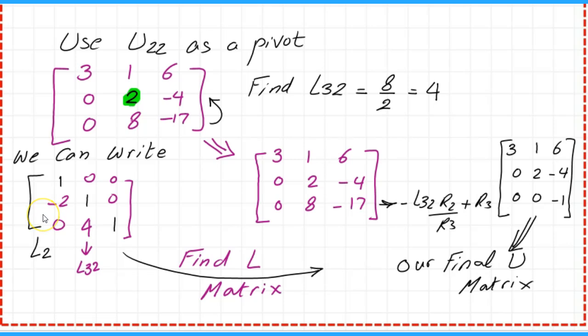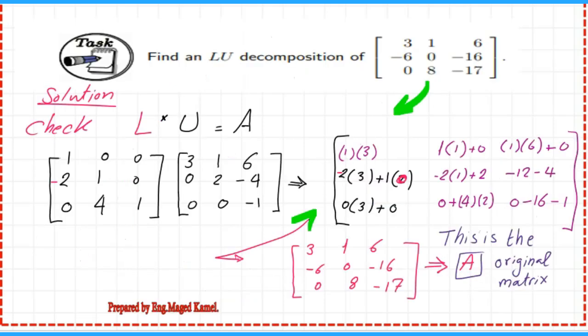And as you can see, if this is -2, this is +2. Here is very clear. The next step is to check whether the product of L by U will give us matrix A. Otherwise, if there is a problem and we cannot get the A matrix, it means that some of the elements are estimated incorrectly.